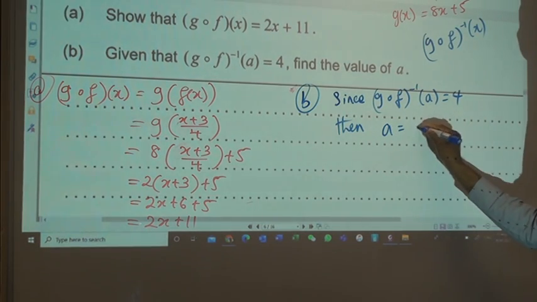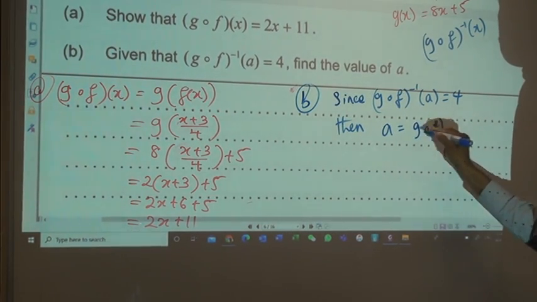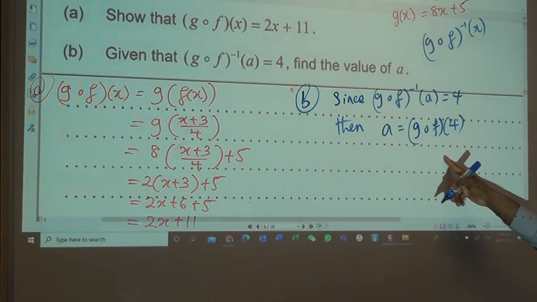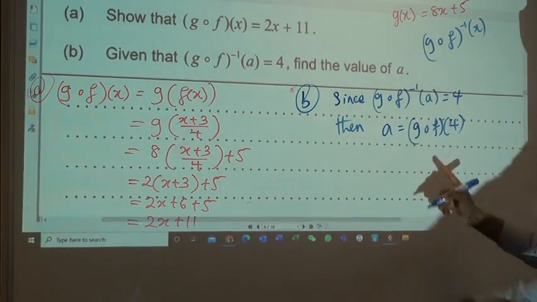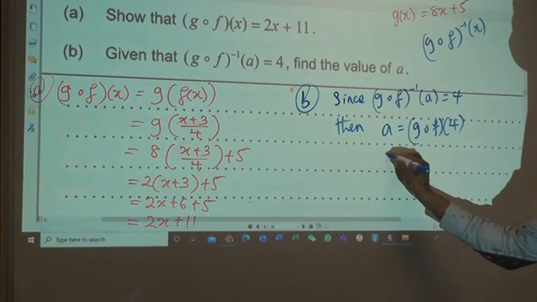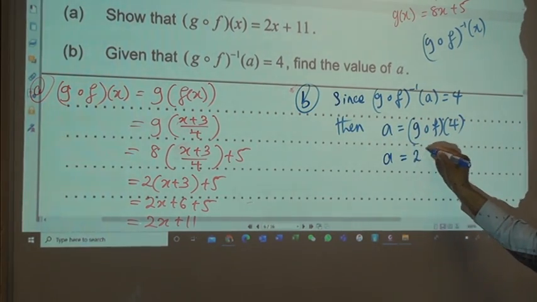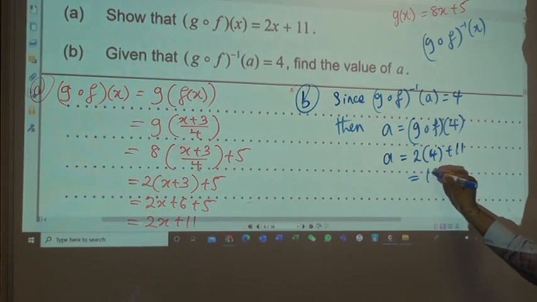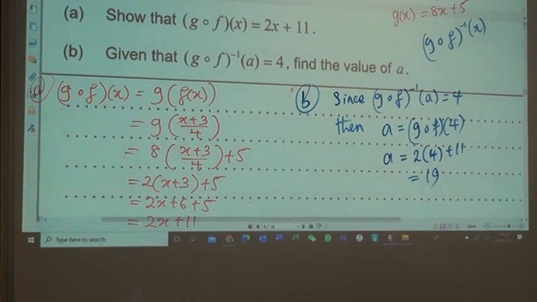So it's going to be g composed with f acting on 4. Everybody understand this? Brandy? And you? Okay, great. Because this is already a result you have obtained, you just substitute. So A will be equal to 2 brackets 4 plus 11. And that's how you get your 19. You don't have to waste time finding the inverse function.